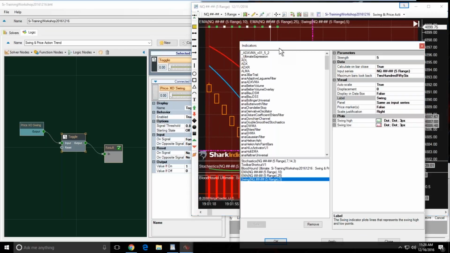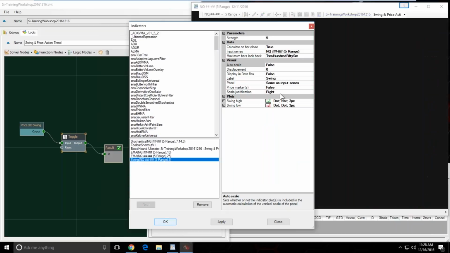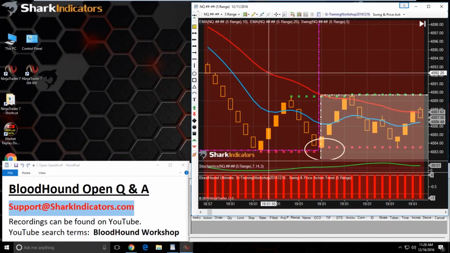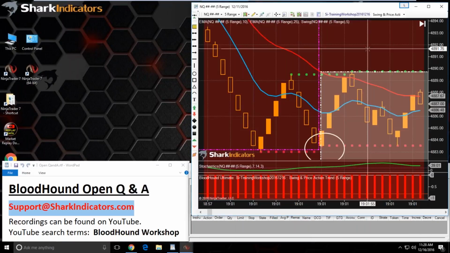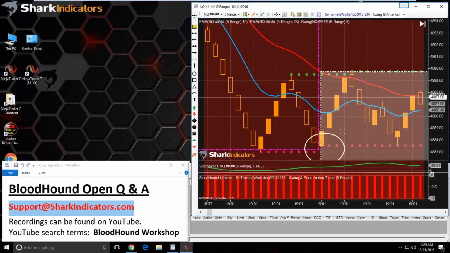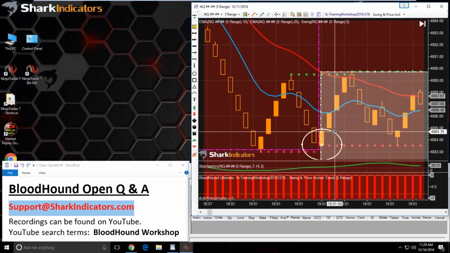Just a moment while I make another setting change there. Okay, there we go. I'm trying to get my chart to scale up a little better so we can see this here.